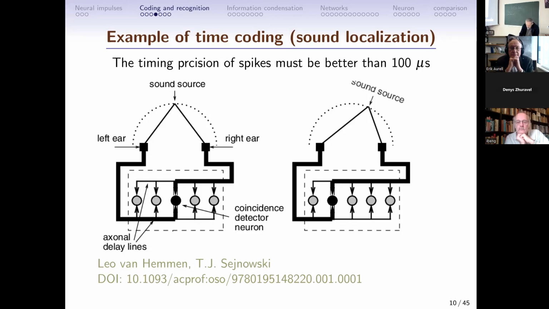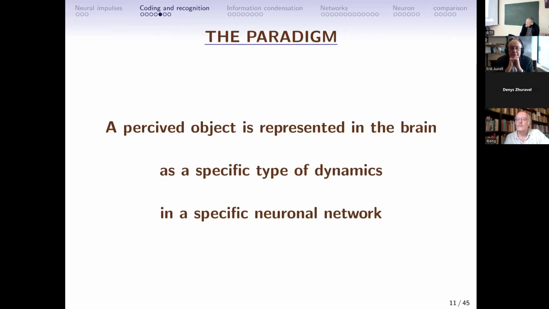This is about coding in the spike trains, but as regards the representation of real objects from the external world, in this talk we adhere to the following paradigm. A perceived object is represented in the brain as a specific type of dynamics in a specific neural network.